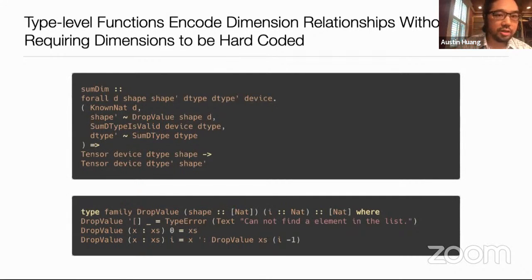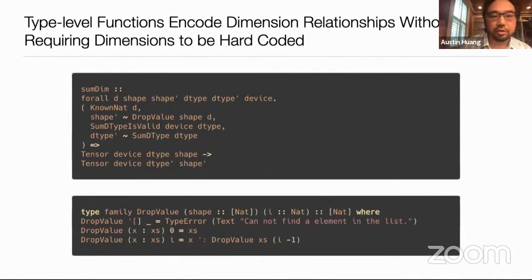All these mathematical functions in the libtorch library have implicit relationships between the input dimensions and the output dimensions, and you can make that explicit as type level functions. For example, here, this operation sums over one of the dimensions. It basically integrates out one dimension, so you're dropping one dimension through the summation, and you can express that explicitly as a type level function, and have that all checked at compile time.